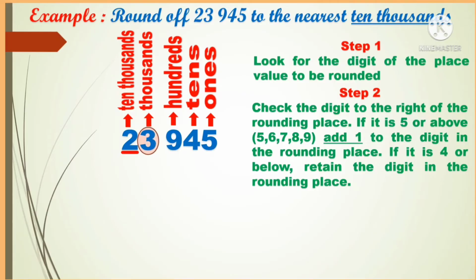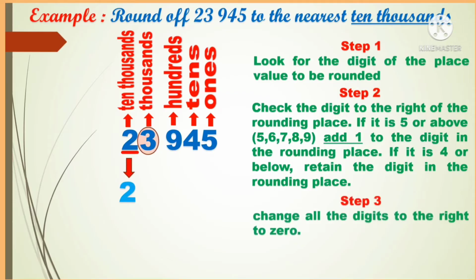Tama! 3. At dahil ang sabi kapag ang nasa kanan ay 4 pababa, ay wala tayong gagawing pagbabago sa ating rounding digit. So, hindi natin kailangan magdagdag ng 1 sa rounding digit natin. Ang gagawin lamang natin ay kokopyahin ang 2.